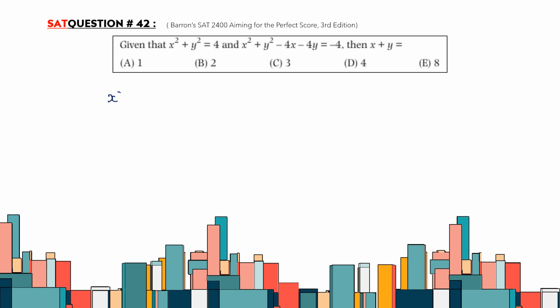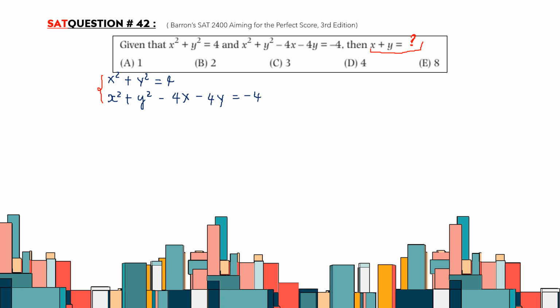We have x squared plus y squared minus 4x minus 4y equal negative 4, and also we have the fact that x squared plus y squared equals 4. Now, what they're asking for is x plus y equals what? Numbers, right?